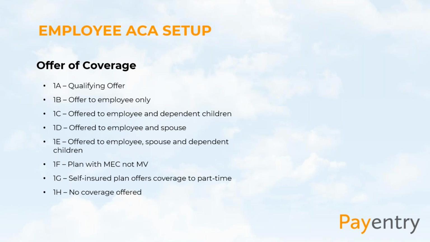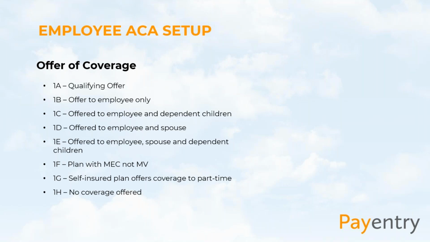So remember, qualifying offer is the federal poverty level offer. If you're offering it to the employee only and not their spouse and children, it's 1B, 1C if you're offering it to the employee and dependent children, etc. 1E, remember, is the one that's used the most. And 1H, again, is used a lot if no coverage was offered. And that could be because they're part-time, or not part-time, but they didn't work for you.